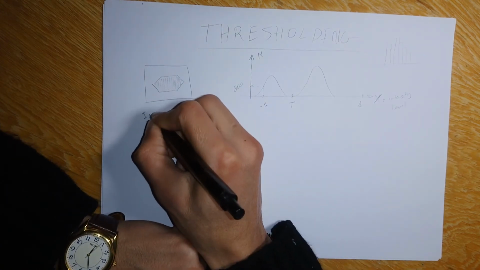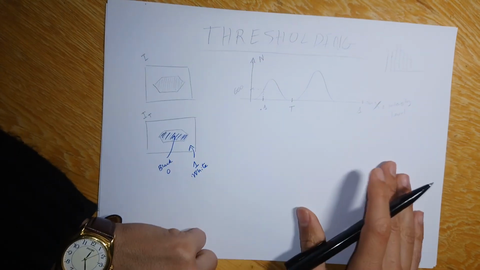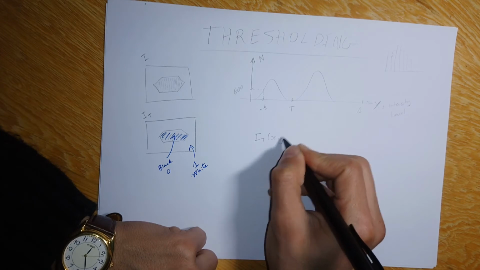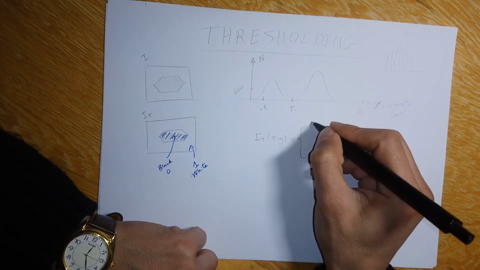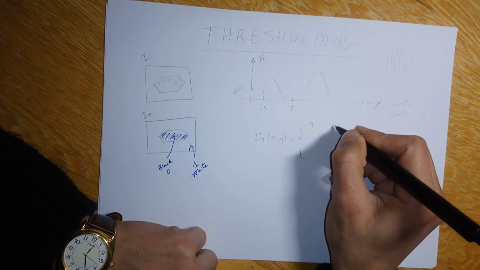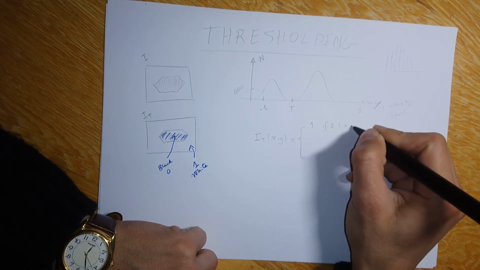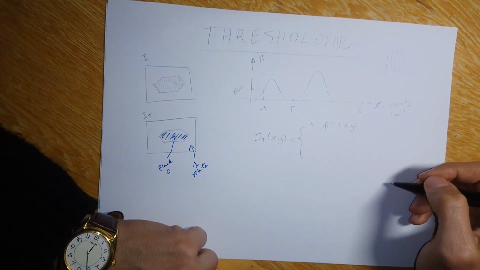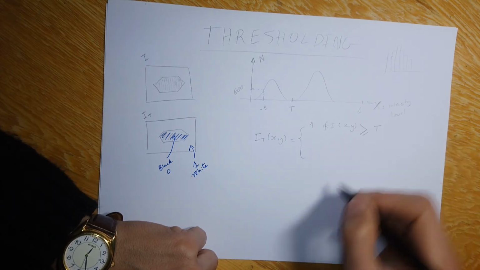So this is I, the image, and this is IT, the thresholded image. So IT, the thresholded image at a given position, is just gonna be equal to 1 if the image at the same position is higher or equal than this threshold.